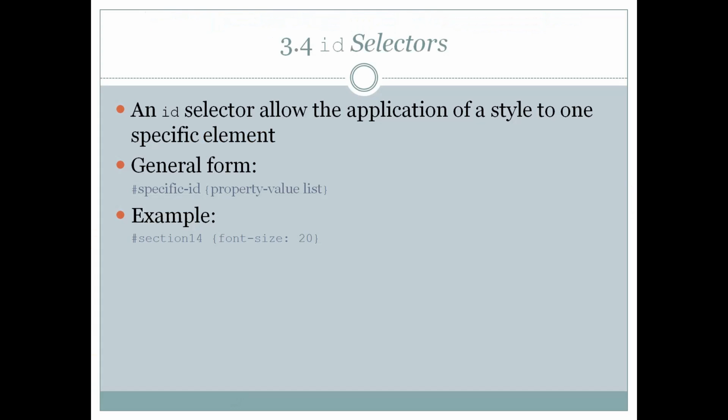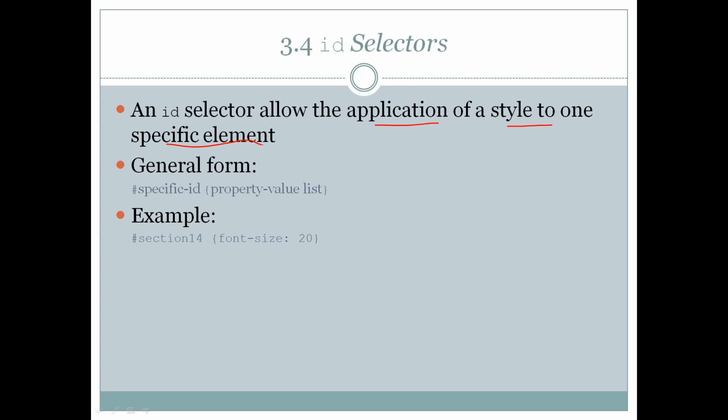So let's start. First we will discuss ID selectors. An ID selector allows the application of a style to one specific element. So by using an ID selector we can apply the style specification to a single element in the HTML document.